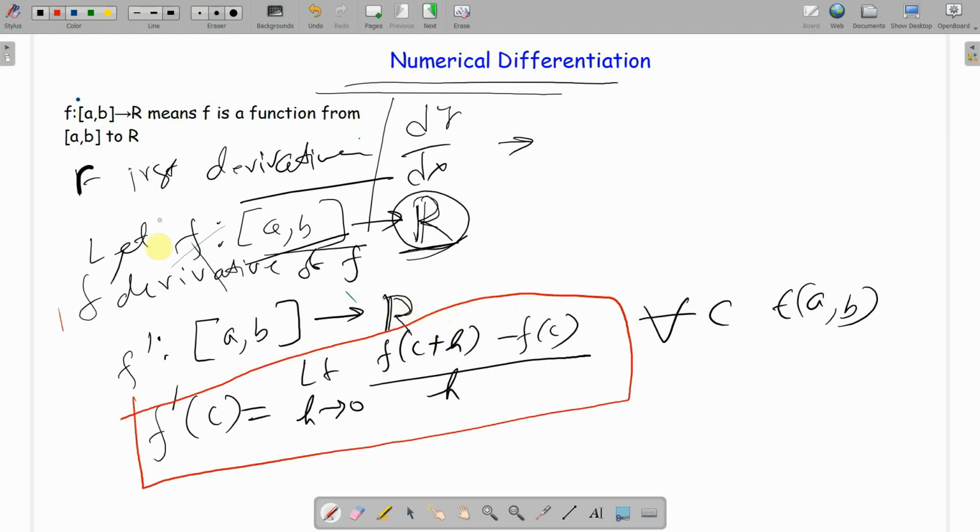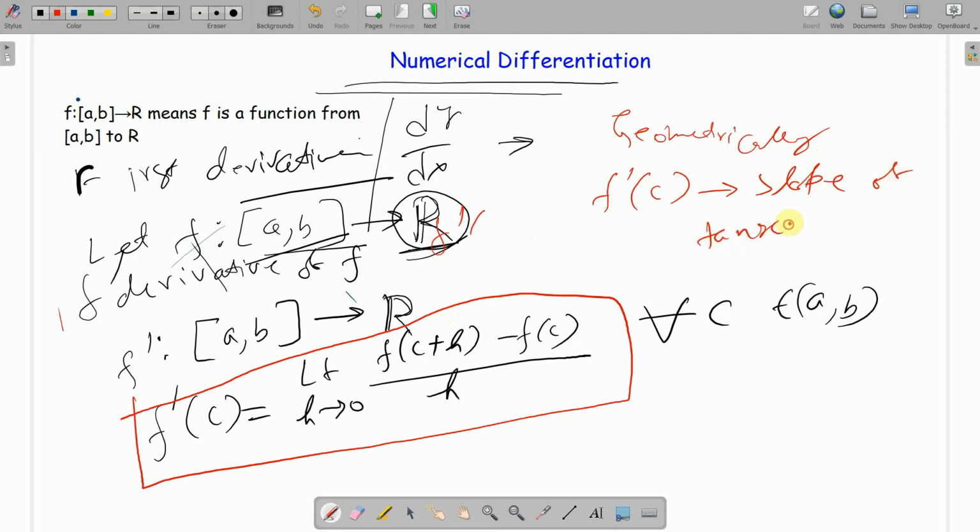Okay, so what does this mean geometrically? Geometrically, f dash c basically gives you the idea of the slope of the tangent of the curve.